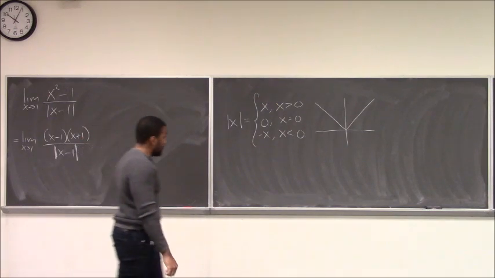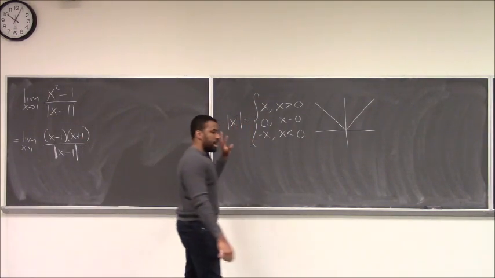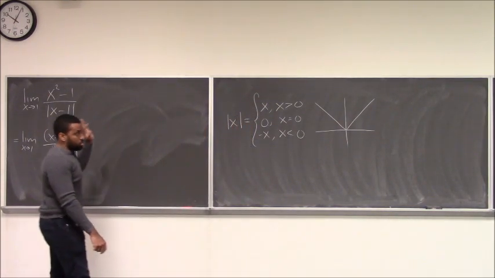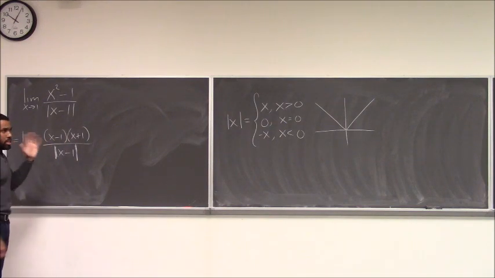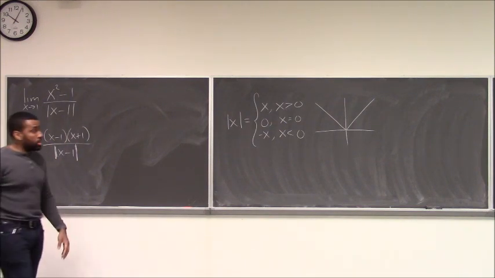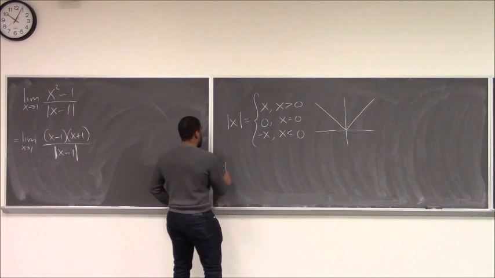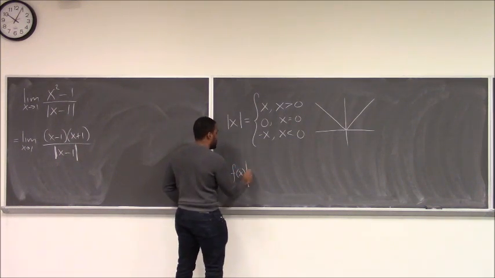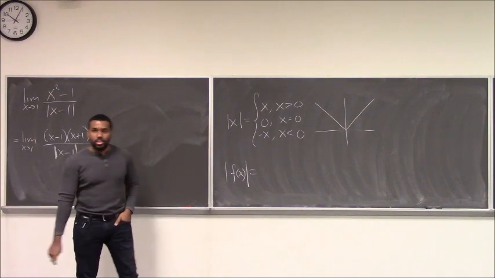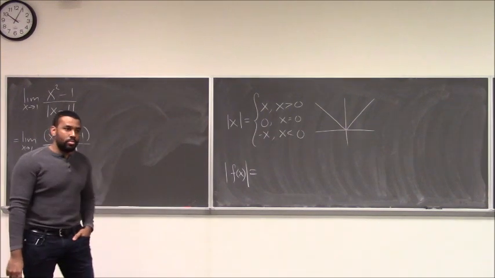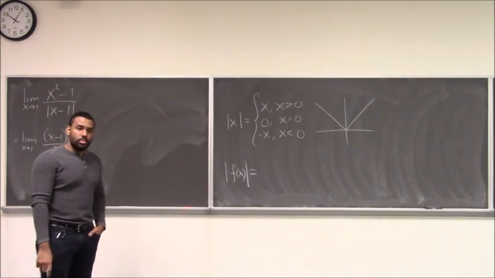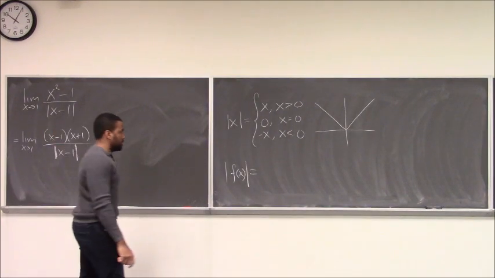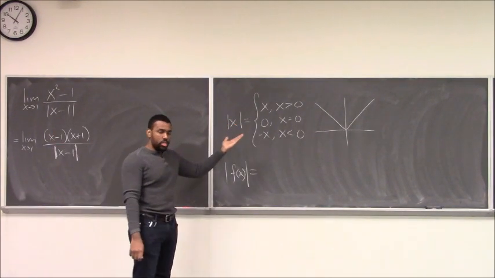And by the way, it still applies. Again, as I mentioned before, every formula is a template. It's just a way to think about something, which means if I don't have x and I have some random function inside absolute values, how should I think about it? You pretty much go to that formula, which is your template.